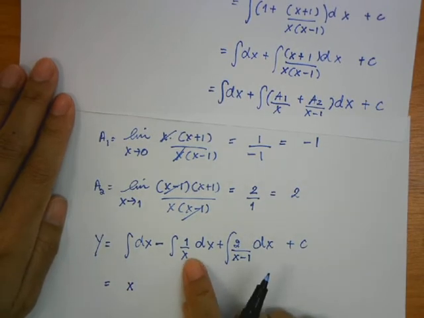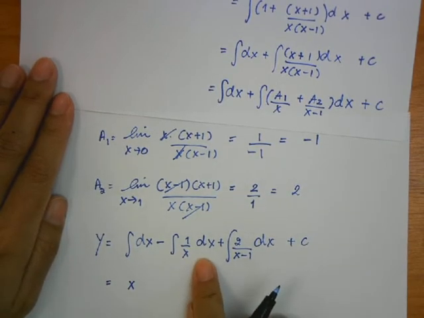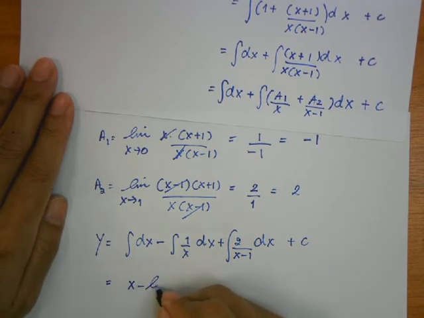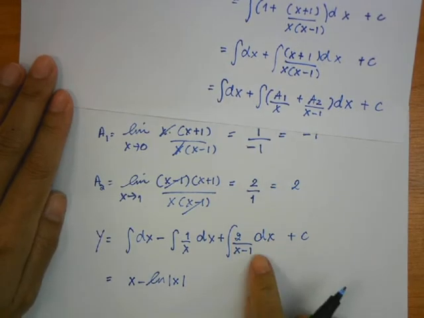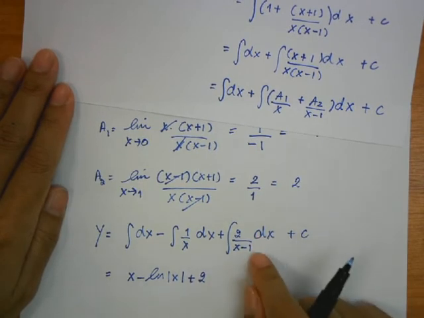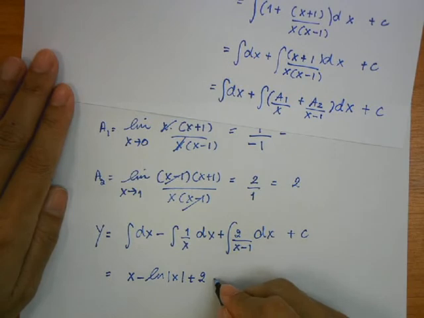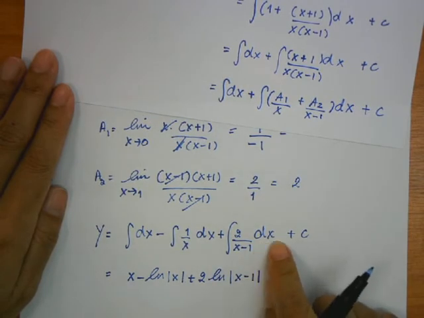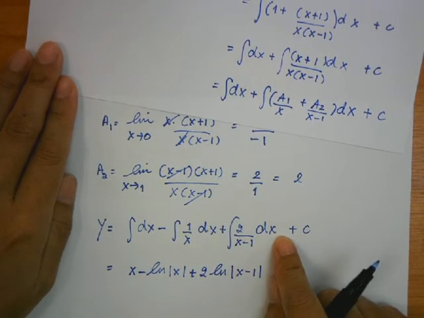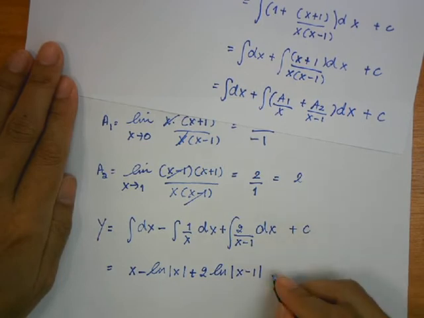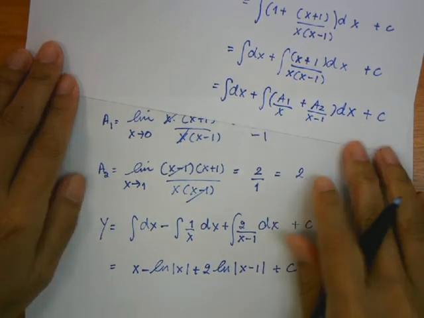Integral 1 over x dx equals ln x. Integral 1 over x minus 1 dx is equal to, you have to make dx to be d(x minus 1). I'm not doing it because we did it so many times, so you must know.